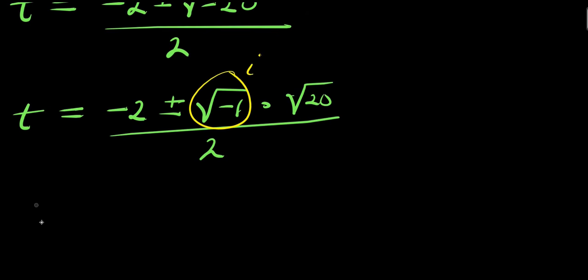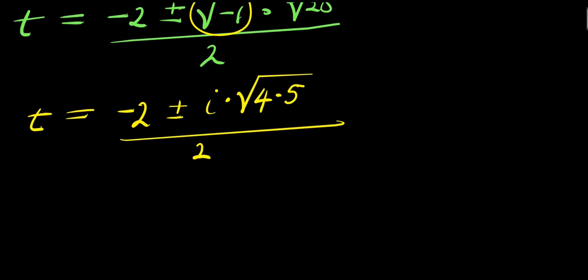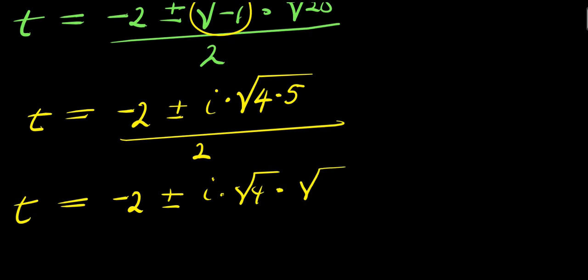This will give me t equals negative 2 plus or minus i times square root of 20, which is exactly just like expressing as 4 times 5, in which 4 here is a perfect square, divided by 2. From here, I have t equals negative 2 plus or minus i times square root of 4 times square root of 5, divided by 2.